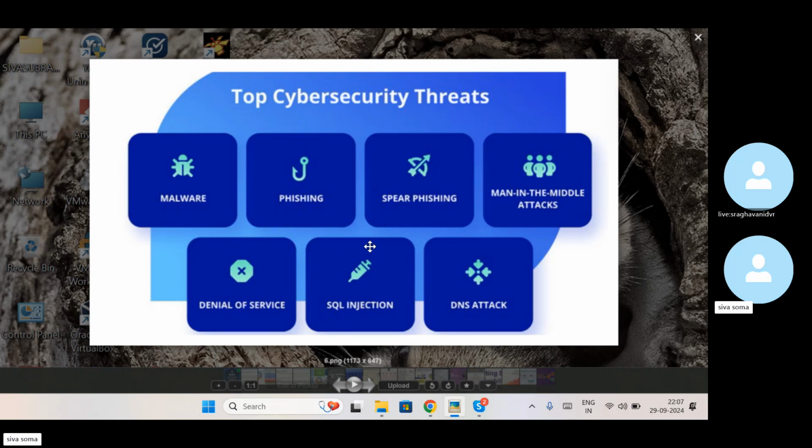And the man in the middle attack is for the man who is in between server and client. I will give you an example for it. And denial of service means deny the service of a website, web publication, anything at all. SQL injection means injecting a SQL query into a particular website to take advantage, right? And another one is DNS attack. Attacking the DNS server is a DNS attack, right? These are the top priority cybersecurity threats.